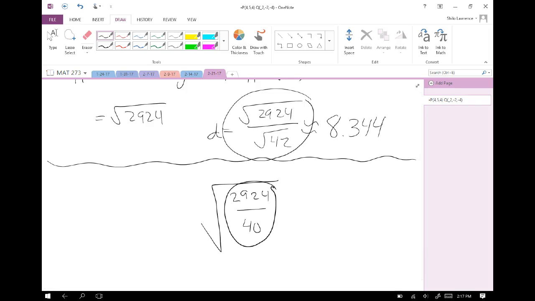Leave the square root off. So in the calculator, I'm going to ask it what 29/24 divided by 40 is. And then I'm going to change it back to a fraction. This is the same thing as 731/10. It's supposed to be 42. Yes. Thank you.